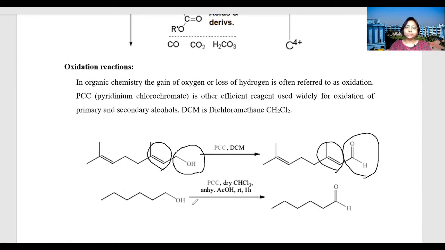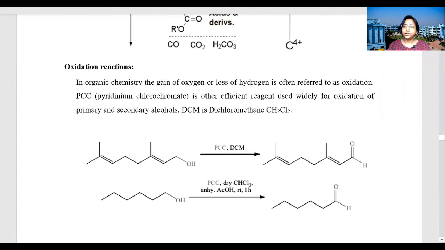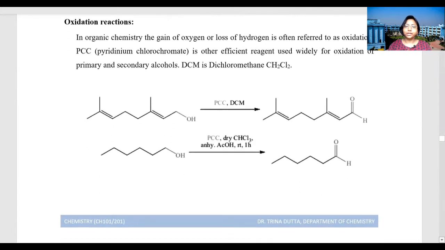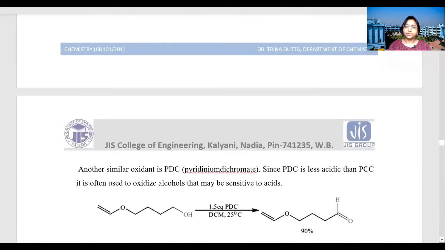Next, another example is given: the alcohol in the presence of PCC, dry CHCl3, anhydrous, and we get the aldehyde. So you can understand that with the presence of an oxidizing reagent, the alcohol is converted into aldehyde.